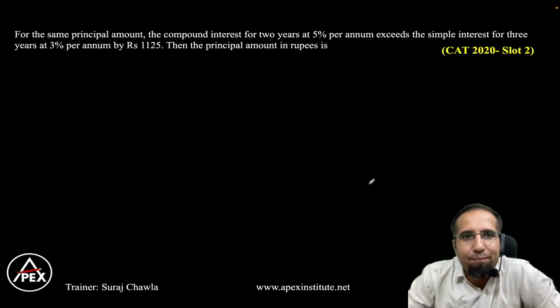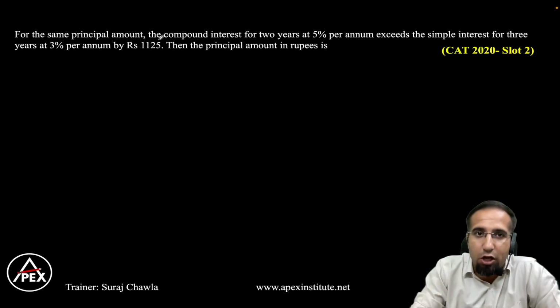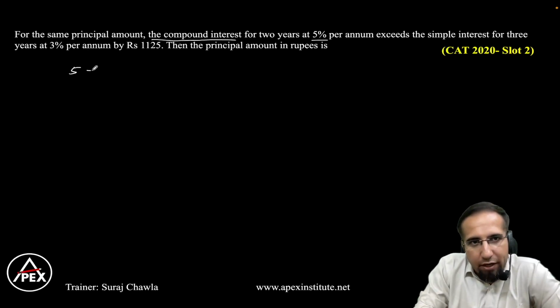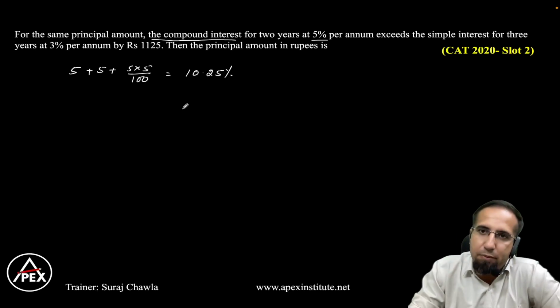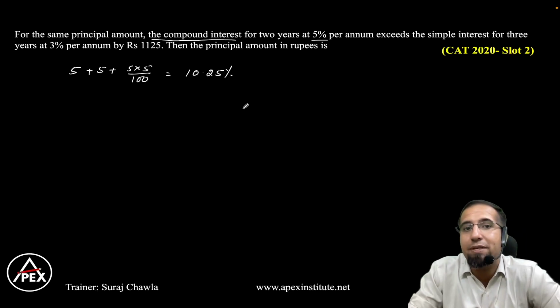Right? For the same principal amount, the question is talking about compound interest for 2 years at 5% per annum. So compound interest for 2 years becomes 5 plus 5 plus 5 into 5 by 100, which means the compound interest part becomes 10.25 percent. It exceeds the simple interest for 3 years at 3 percent per annum.